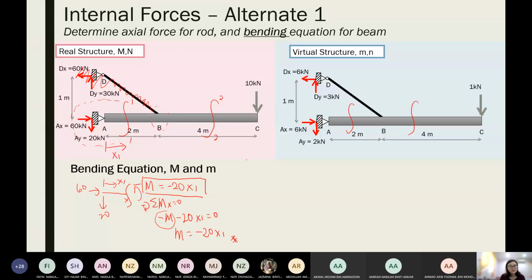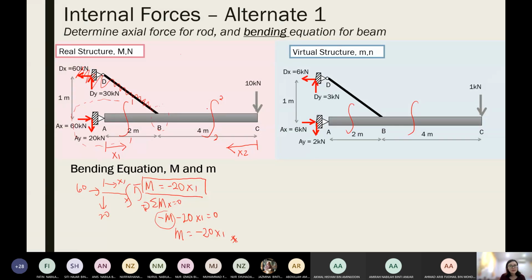The next thing is the cut section 2-2. For this one, I will decide to start from C, x2, because I just need to tackle this 10 kilonewton. So I do not draw the free body diagram here. I just imagine the whole left side is not in my sight.